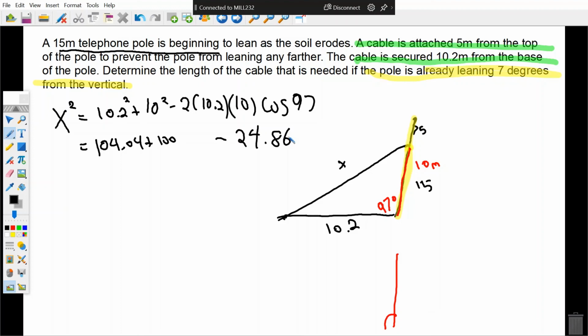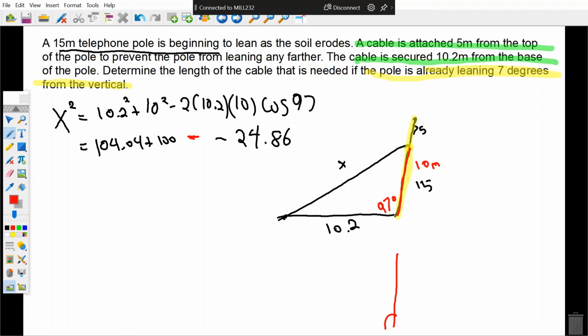Here's the important point with this question, okay, and I need you to pay attention to this part. This equation is 10.2 squared plus 10 squared minus, I'm going to make that in red, minus 2 times 10.2 times 10 times cos 97. But when we did 2 times 10.2 times 10 times cos 97, we got negative 24.86. So what happens if we have two negatives in a row?